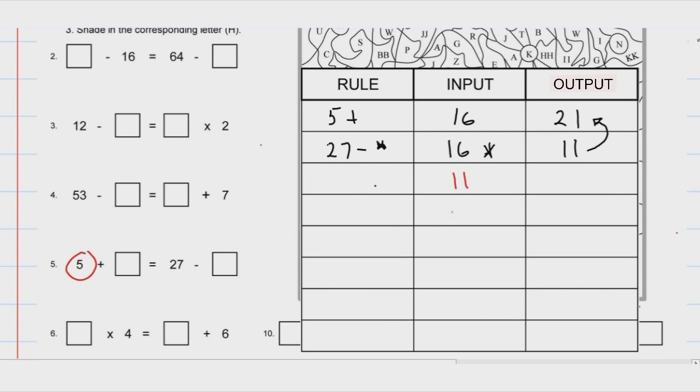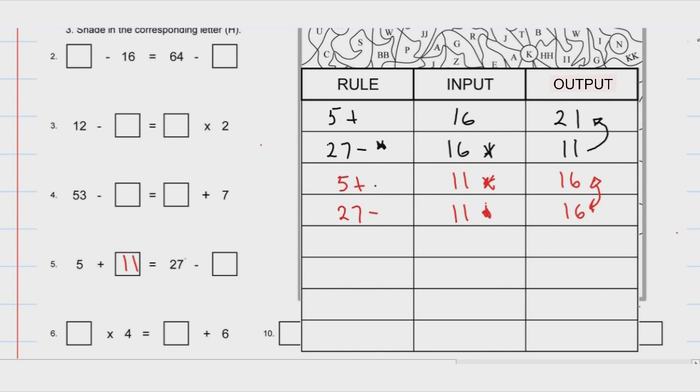So let's try 11 right here. So we've got 5 plus and 27 minus. 5 plus 11 is 16, and 27 minus 11 is 16. We got the same answer again. So it means that inside our box is going to be 11.